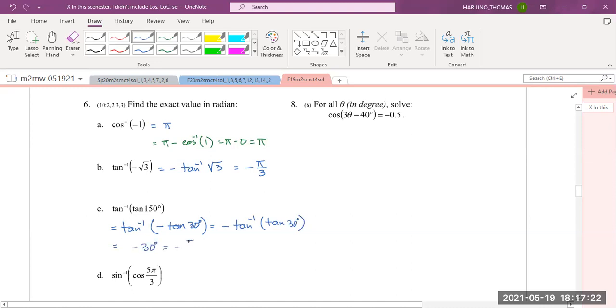But we need that in radian. Another alternative: I compute what is tangent 30 degrees. Tangent 30 degrees is 1 over radical 3. So this is negative tangent inverse of 1 over radical 3. That is negative pi over 6.